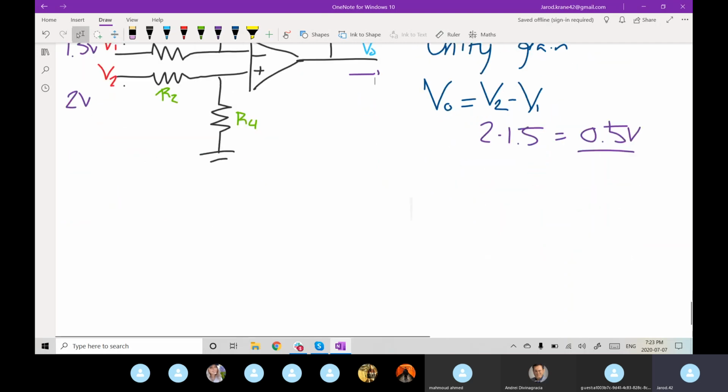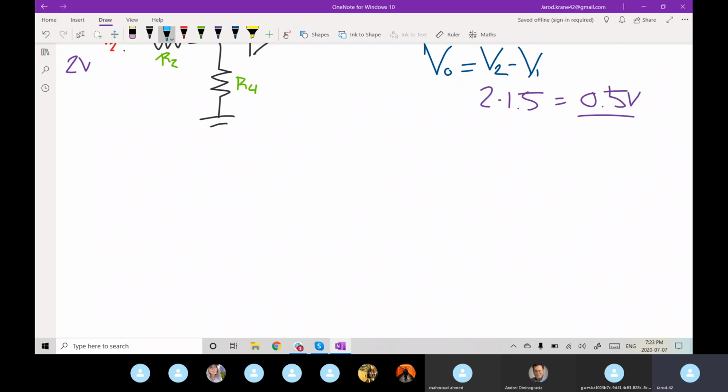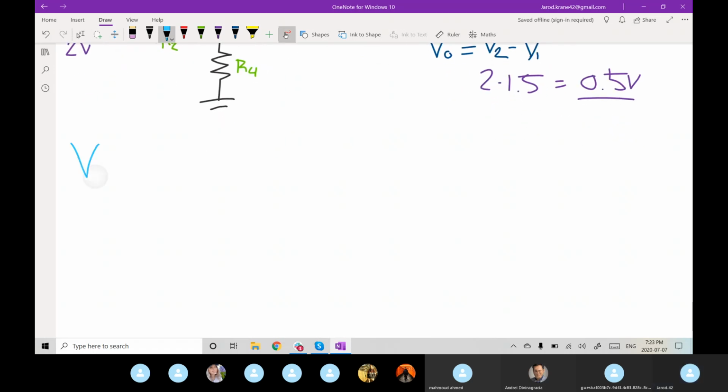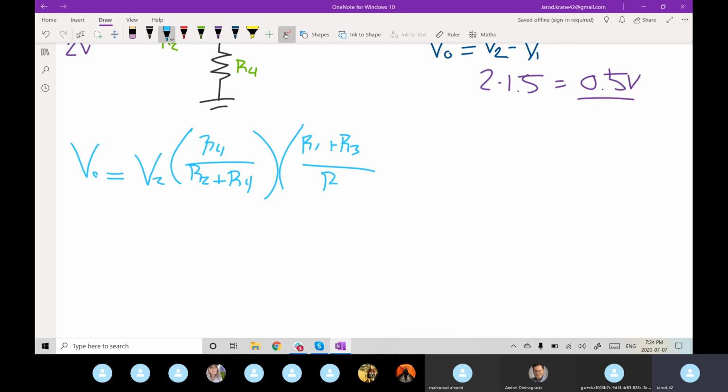Now, the more useful cases, if we assume, well, actually just starting off, just in general, what we have is V2, a long mess, R2, R4 over R4, over R1, R3, R1, minus V1, R3, R1.